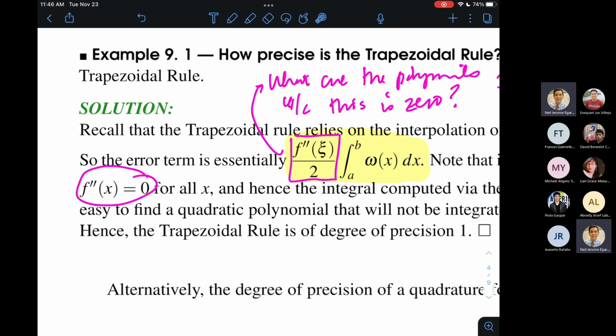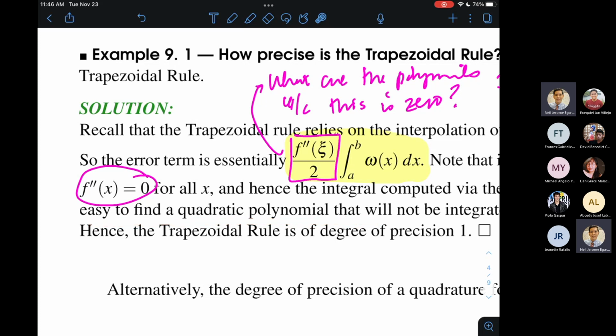Lahat ng polynomial of degree 2? Tapos kailangan mo maghanap ng counterexample para malaman mo kung kailan ka titigil, right? Katulad dito, kailangan ko magbigay ng isang quadratic function kung saan hindi nagzi-zero yung error para ma-verify ko na degree of precision niya talaga ay 1 lamang. All right? And it is not that hard to find such a quadratic counterexample.